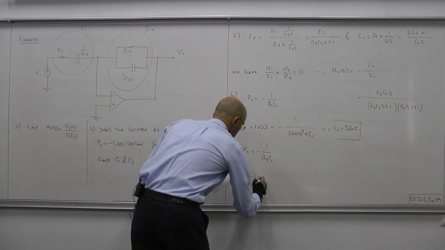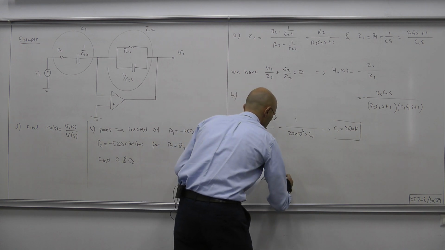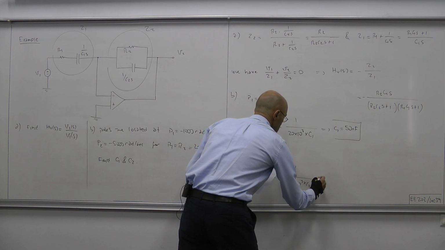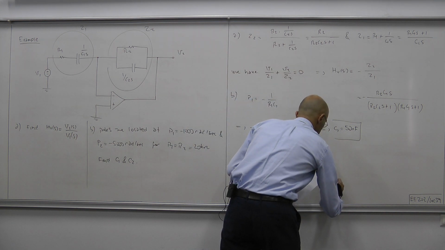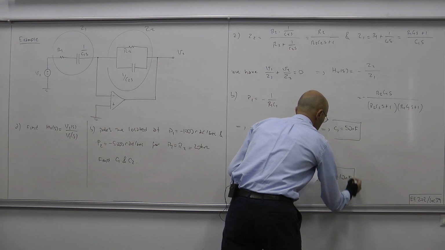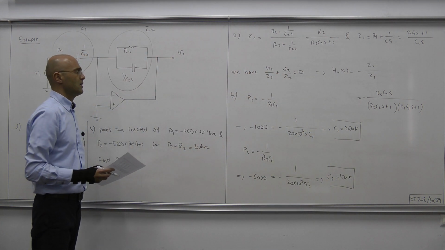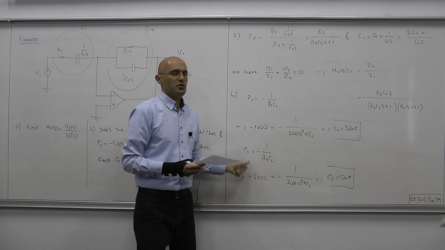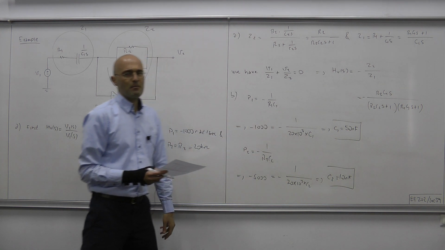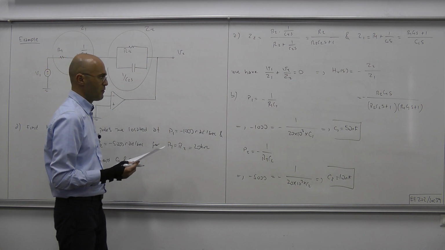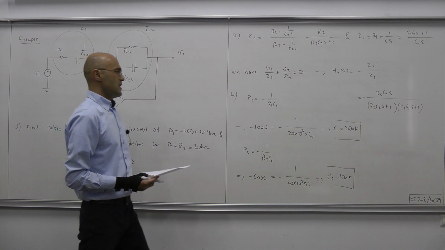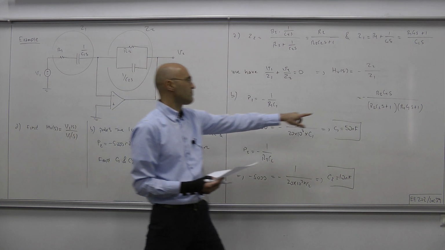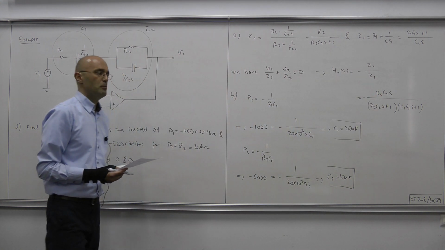So minus 5000 equals minus 1 over 20 times 10 to the 3 times C2, which produces C2 equals 10 nanofarads. Of course, we could have taken this to be P1 and this to be P2. In that case, the capacitance values would have reversed. That's also a possibility, which would produce the same poles for the transfer function. But in that case, the numerator will be different.